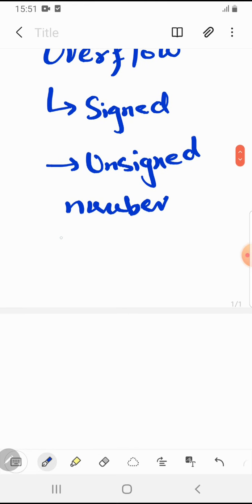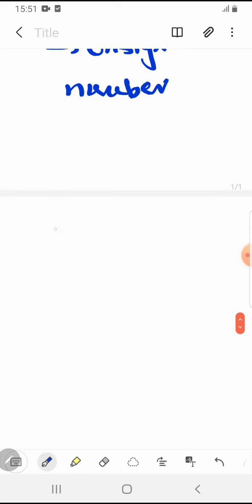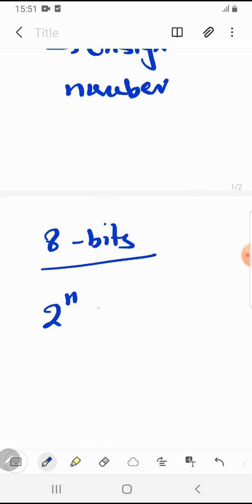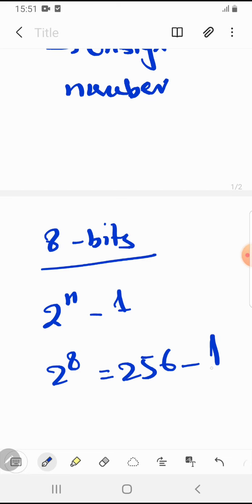So let's say you are having an 8-bit computer system. For 8 bits, the range of the unsigned integer is determined as 2 raised to power n, then minus 1. So 2 raised to power 8 is equal to 256, and when you subtract 1 from it, you will get 255.